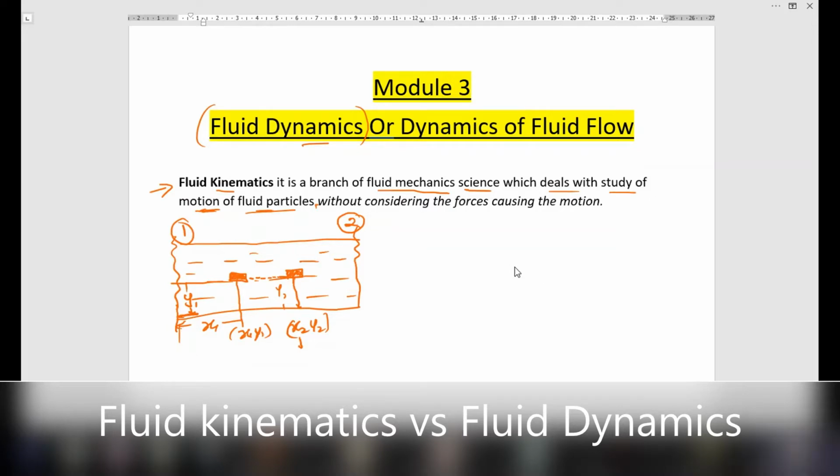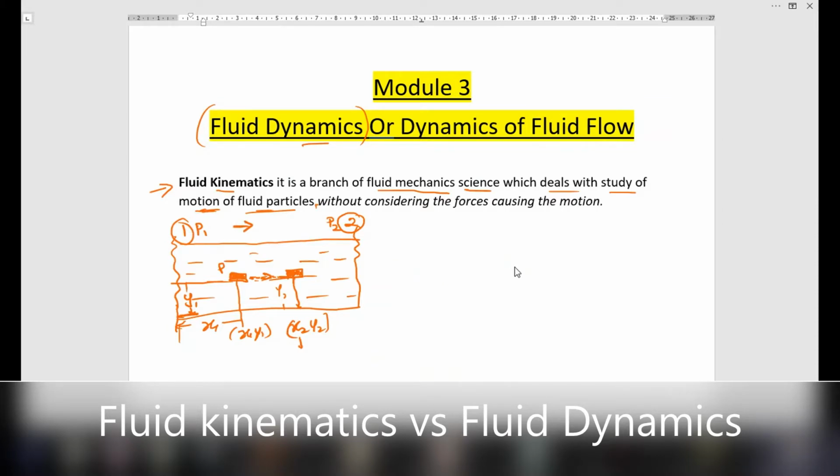And dear students, when the fluid particle moves from one point to another, it means there is a pressure difference. Here P1 is at the inlet and P2 is at the outlet section. Only when there is a pressure difference will the fluid flow.